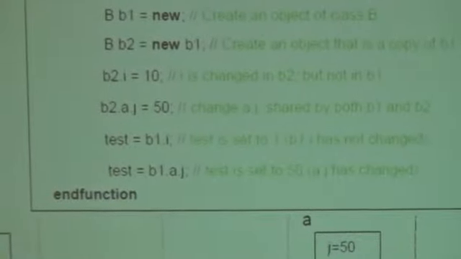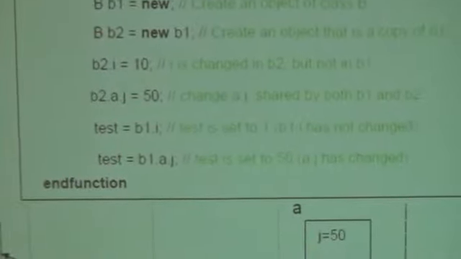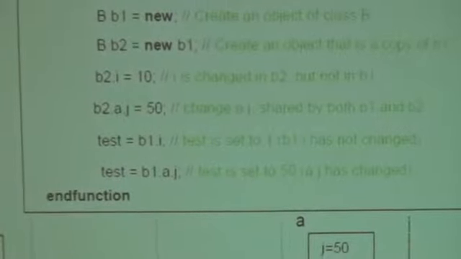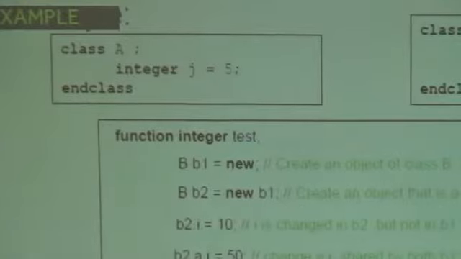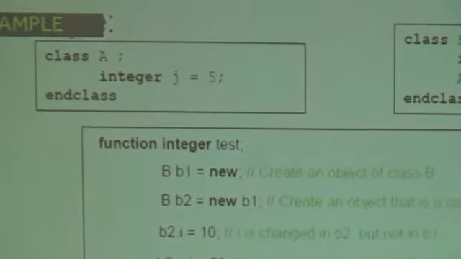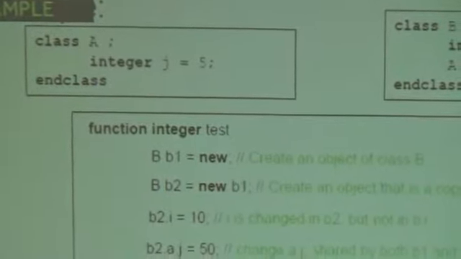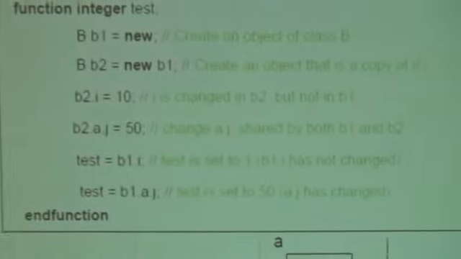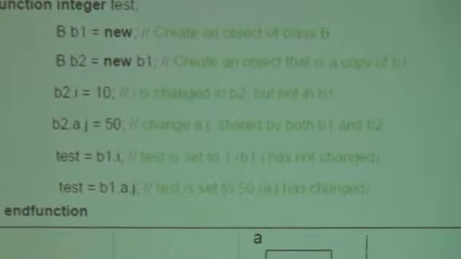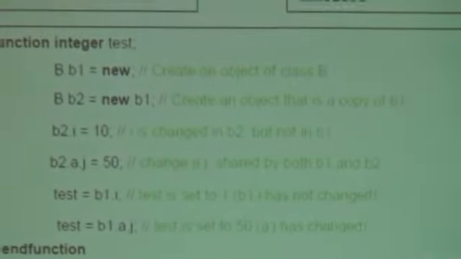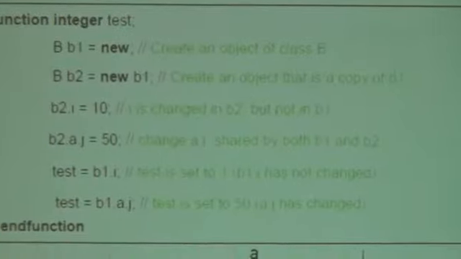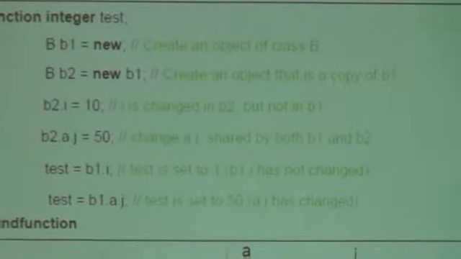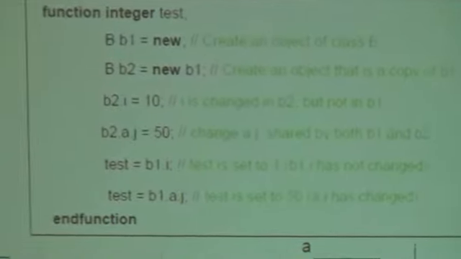Here b2 represents the Xerox copy, a represents the class instantiated in class B, and j represents the value of the class instantiated in B, that is integer j is equal to 5. Now we are running a test and printing the values present in b1.a.j.